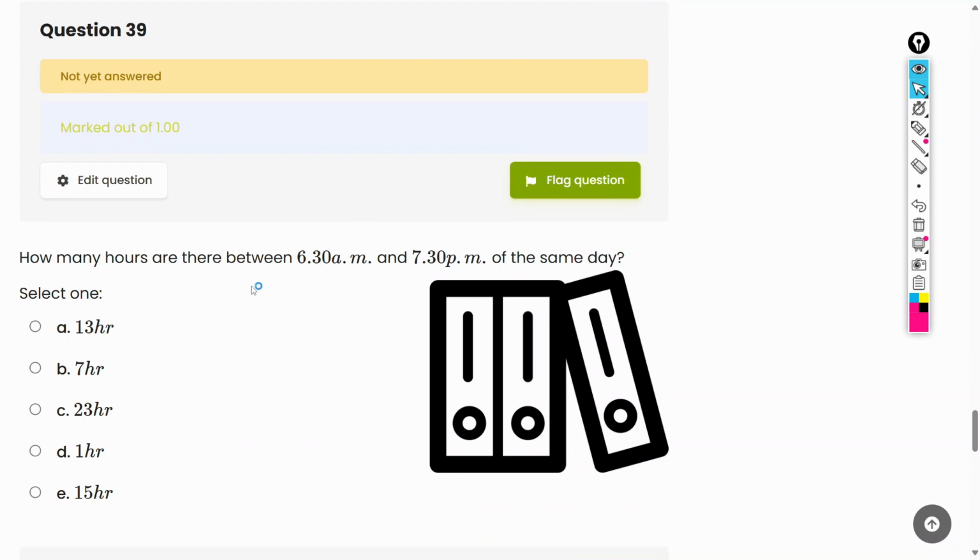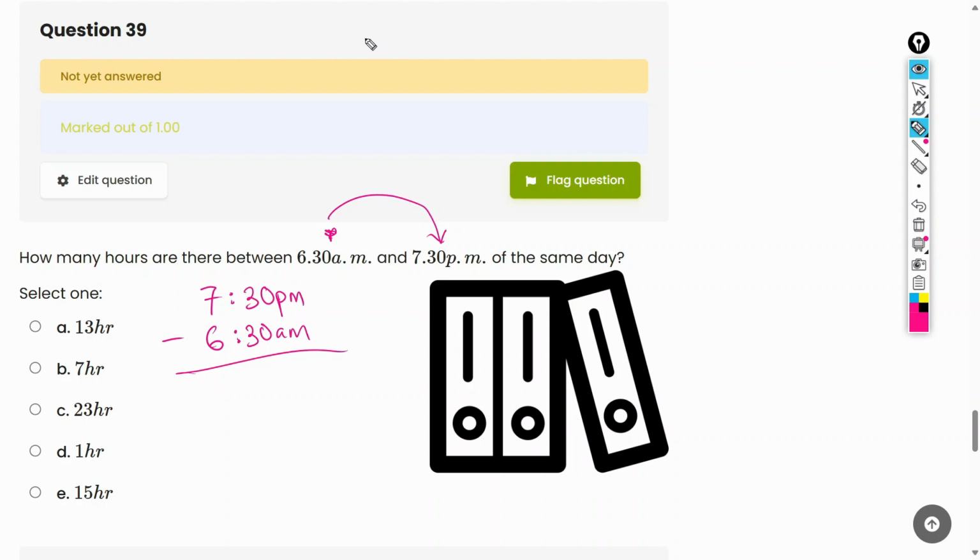How many hours are there between 6:30 a.m. and 7:30 p.m. of the same day? So we subtract to find out how much time it takes from here to here. So that's 7:30 p.m. Take away 6:30 a.m. But now, whenever you have p.m., it's safer to change it to hours so that you can easily subtract.